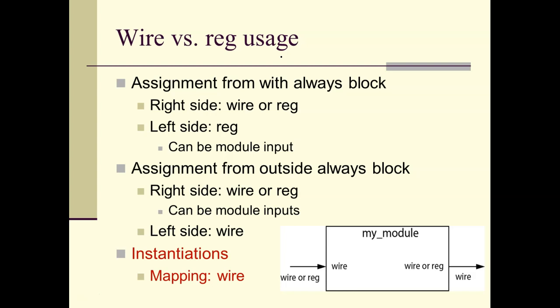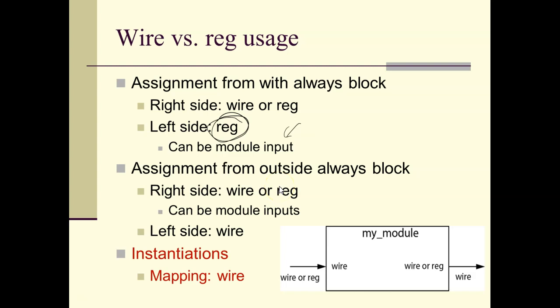So within an always block, the right side of the assignment operator can be a wire or a reg, but it's the left side of the assignment operator in the always block that has to be a reg type. And the module input for the external interface can also be a reg type. We saw that in a couple examples here.